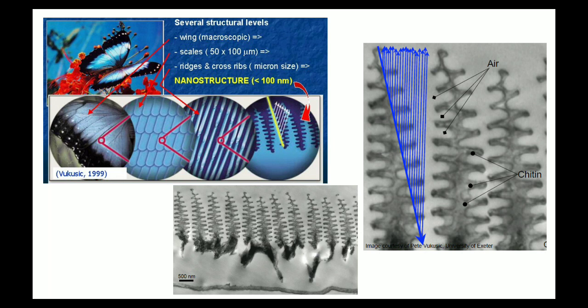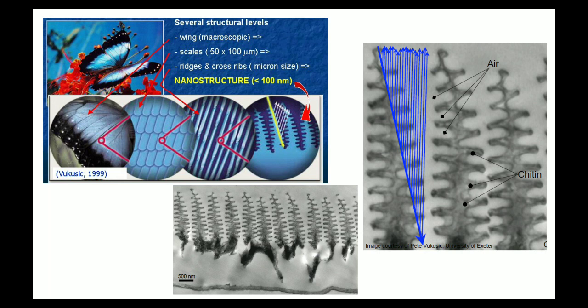Chitin is a material with a high refractive index, and you can see the structure of chitin. The structure of chitin is not continuous; it is patterned, and in between the two chitin layers there is an air packet.